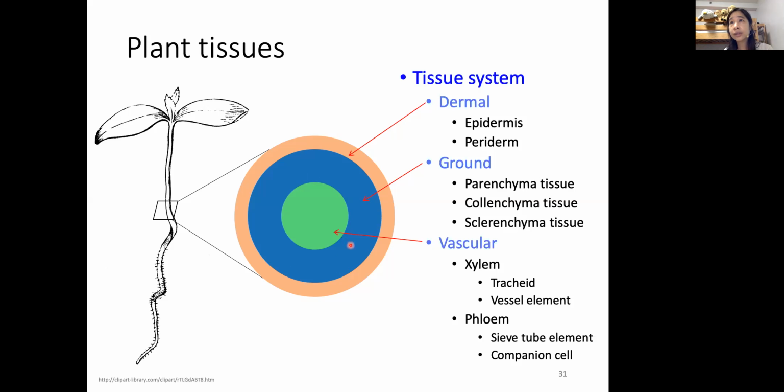This ground tissue is like a support in the middle of the plants. We will see a sample in the next slides. And finally, the vascular tissues. This vascular tissue provides transportation, like a logistics system for the plants to transport either water, minerals, or food.